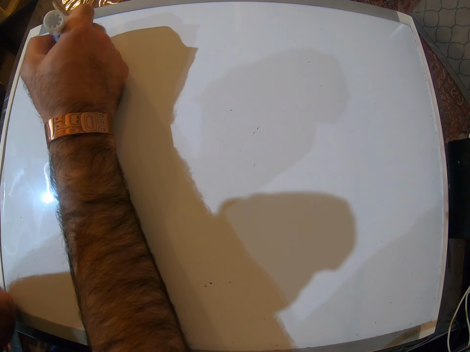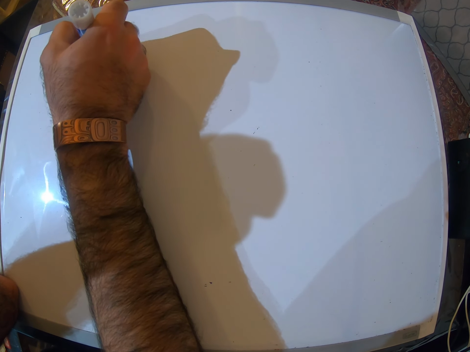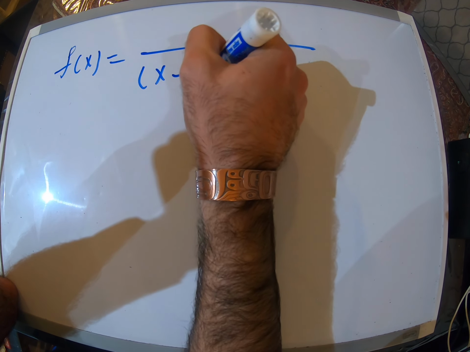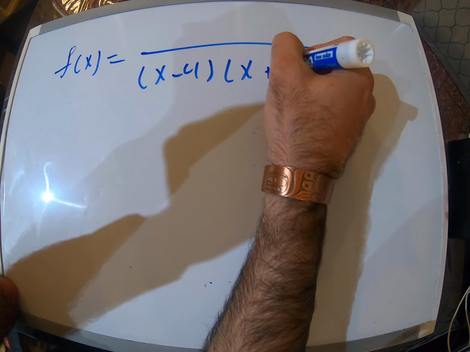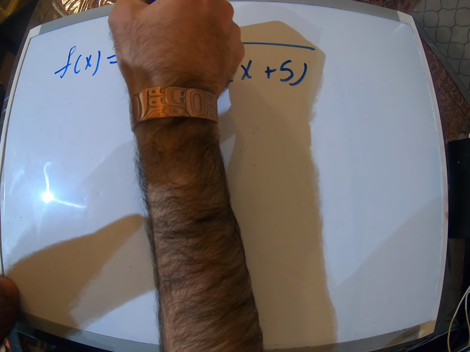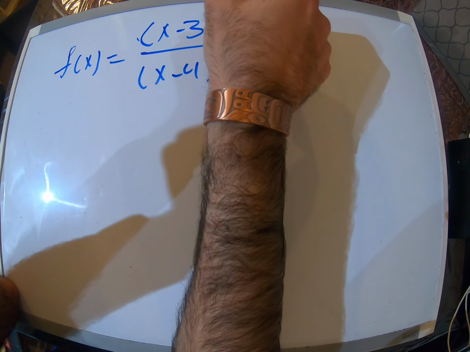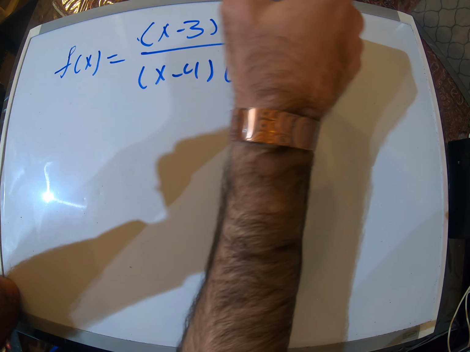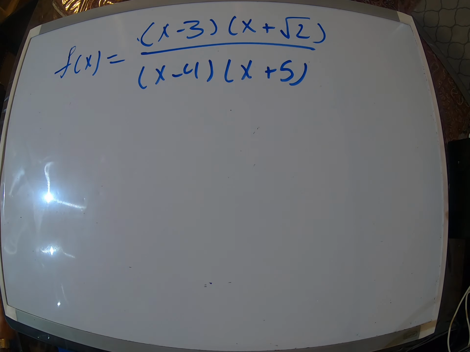Let's say we have a function f of x equal to x minus 4 times x plus 5 over x minus 3 times x plus root 2.